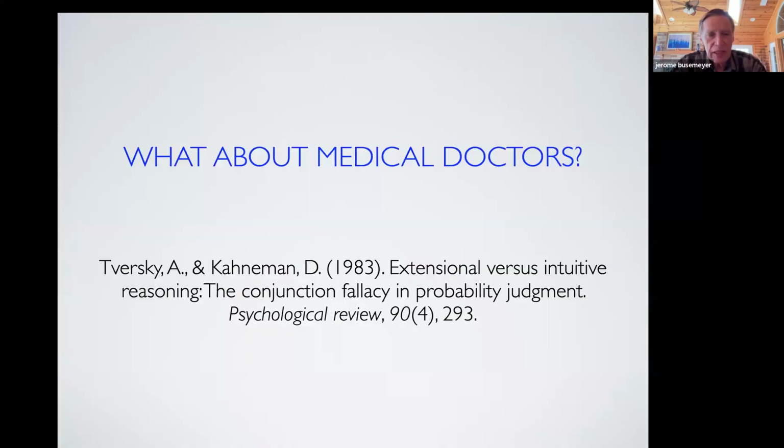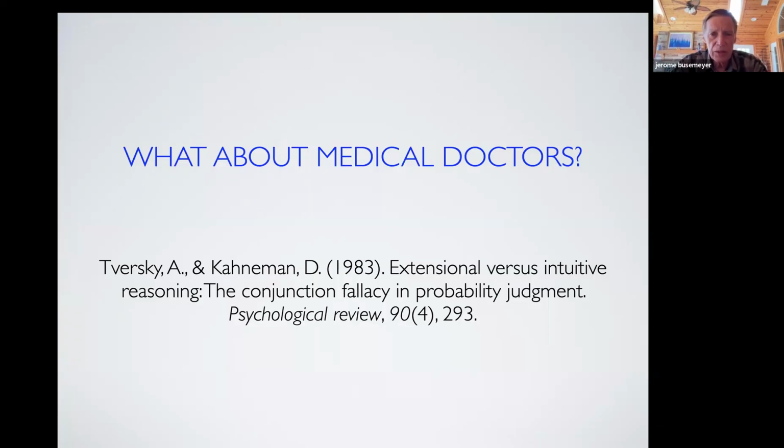But that question was based upon earlier work by Tversky and Kahneman, and this question was one of the examples that they studied. They studied many, many different examples, and this is just one because it's kind of an interesting medical example. They actually did one of the studies with real medical interns.